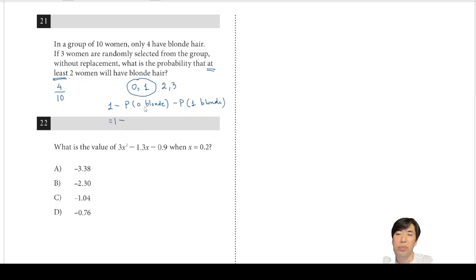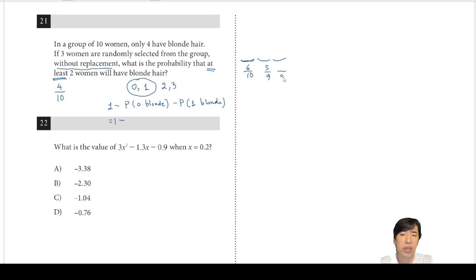So 1 minus probability of 0 blonde hair out of 3 is, okay, it says without replacement. So if you are choosing 3, the first one has to be non-blonde. So the probability of choosing non-blonde is 6 over 10 for the first pick. For the second pick, the number of non-blonde remaining is 5 if the first one is non-blonde. So that's 5 over 9 because it's without replacement.